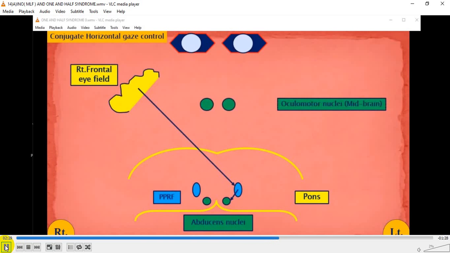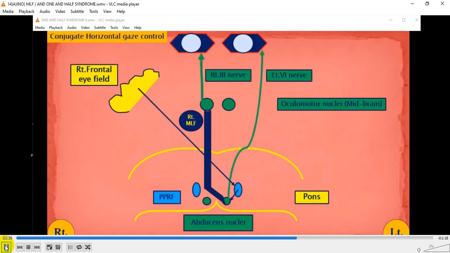That 6th cranial nerve, the abducent, will supply the same side, and it is going to supply the opposite side third cranial nerve via the medial longitudinal fascicle.